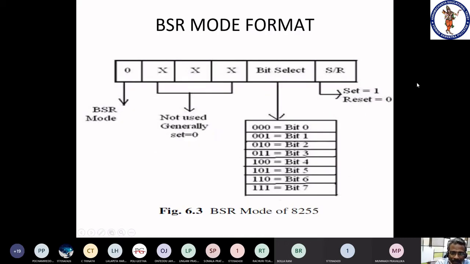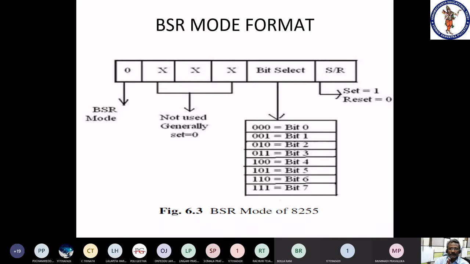Next, coming to the BSR mode of operation, bit set reset. In bit set reset mode, only port C is available for data transfer. This particular mode is selected for Boolean operations. Boolean operation means a bit is set or reset: you can make it 0 or you can make it 1.